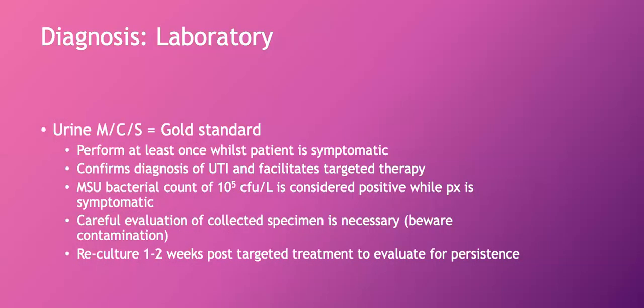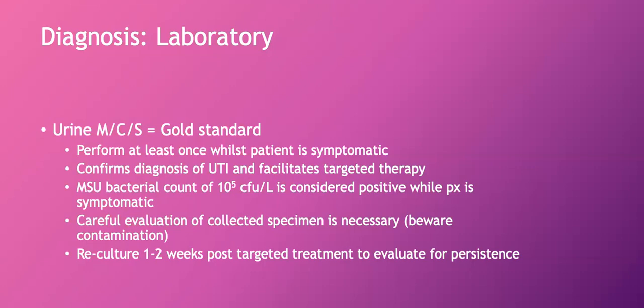And then in terms of lab studies, urine MCS is the gold standard. It needs to be performed at least once whilst the patient is symptomatic. It confirms diagnosis of UTI and facilitates targeted therapy. A midstream urine bacterial count of 100,000 colony forming units is considered positive while the patient is symptomatic.